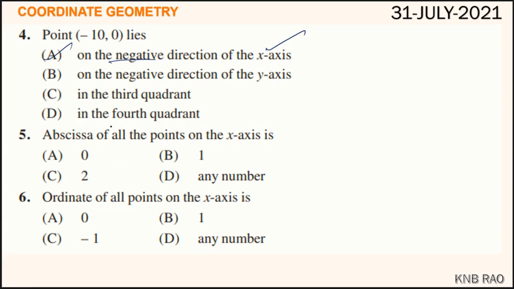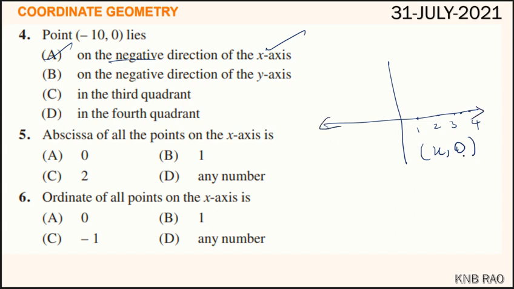Next, fifth question: abscissa of all the points on the x axis. See, on the x axis, if you take any point, it will have an x coordinate and the y coordinate will only be 0.